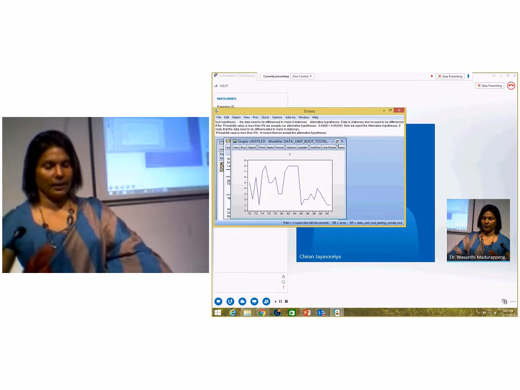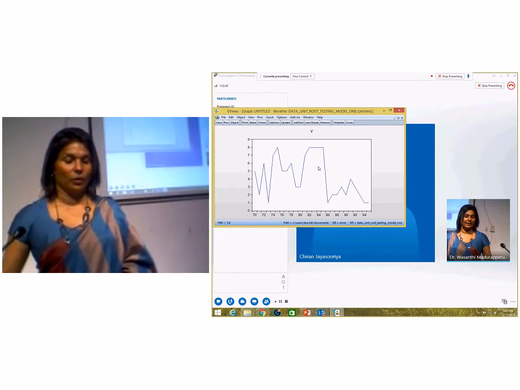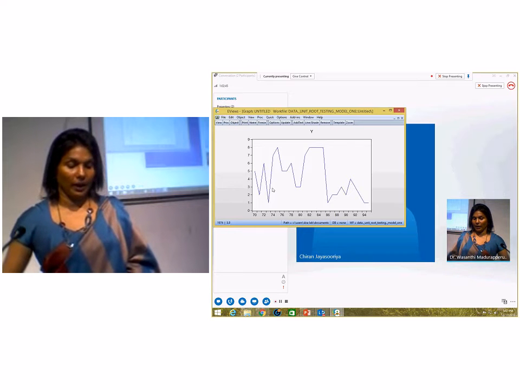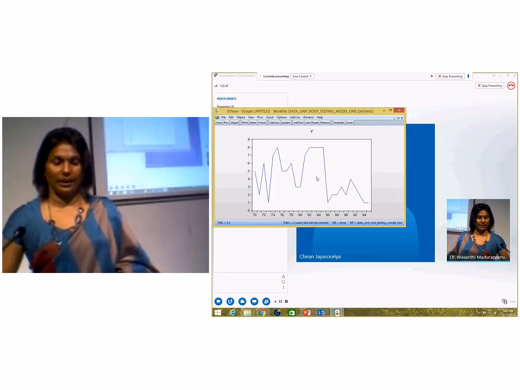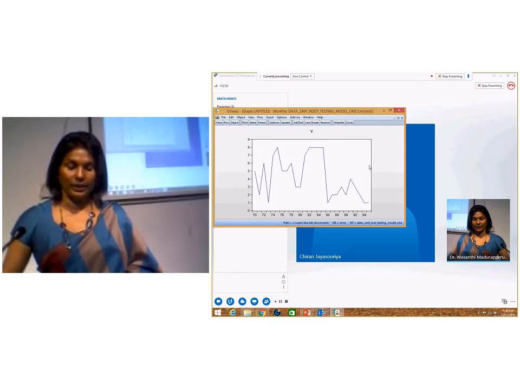Now this is the graph. You can see no smooth pattern. You can see ups and downs. There is drift here, so we need to remove this. That's why it is not smoothly going on.